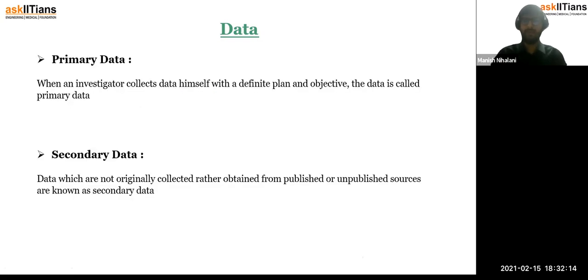So then we can classify the data into two important types, that is primary data and secondary data. Primary data is when an investigator, the one person who wants to analyze the data, collects the data himself or herself with a definite plan and objective. Then that data is called primary data, right? But the data which is not originally collected, rather obtained from published or unpublished sources, is known as secondary data, right? For example, primary data is like the census, right?